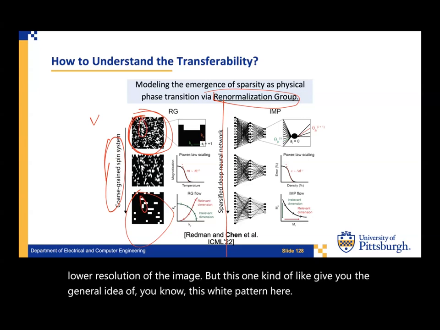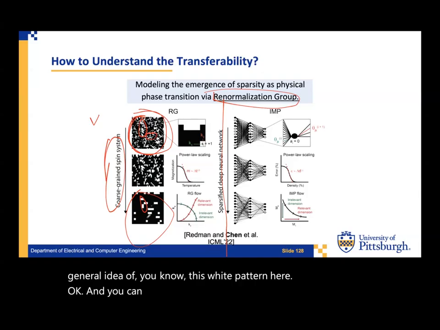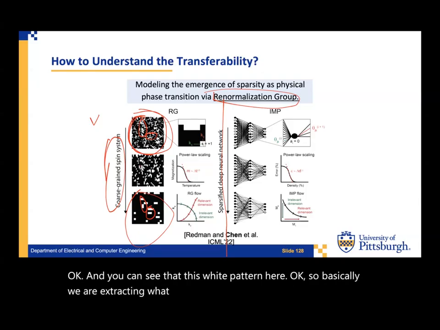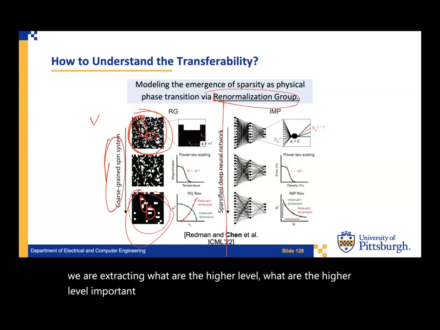So basically we are extracting the high-level important information in this pattern while ignoring all these low-level details. That's what this coarsening process does.